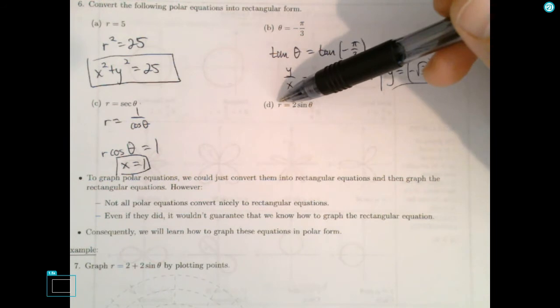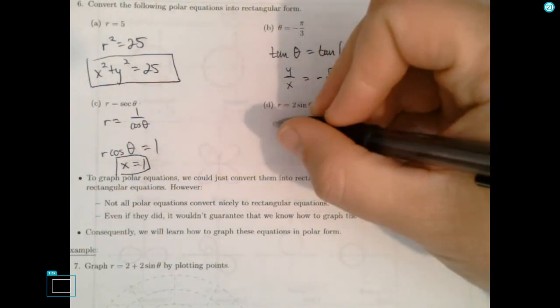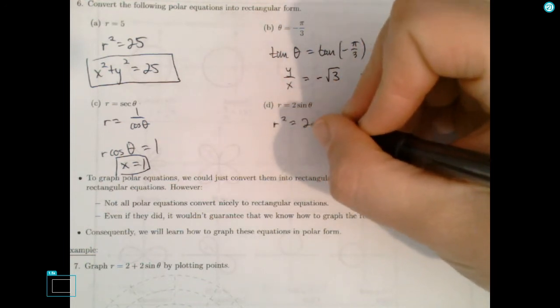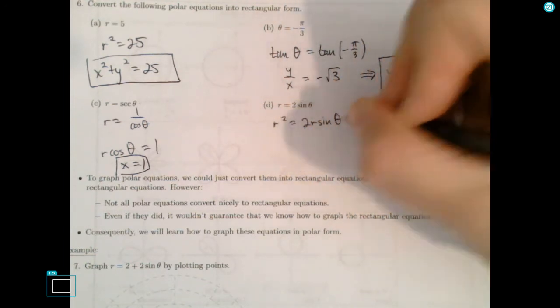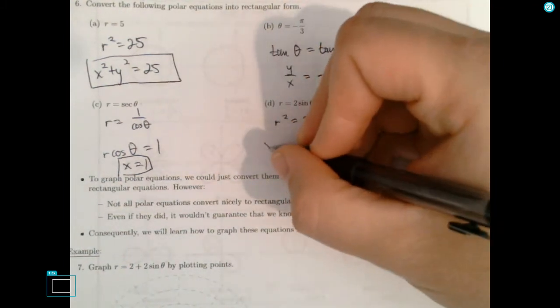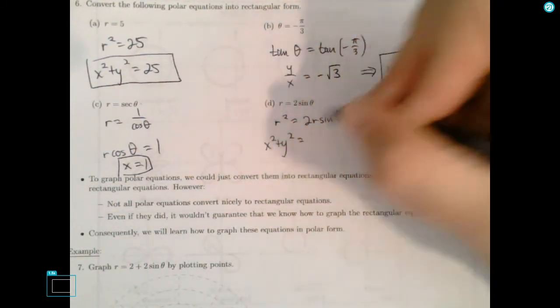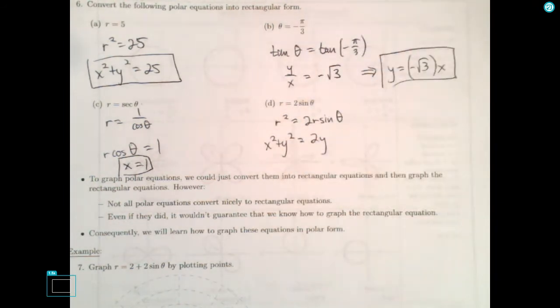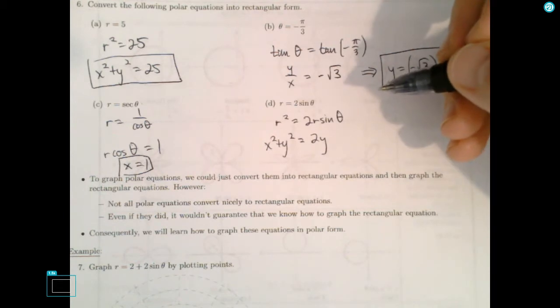Another thing I could do, instead of squaring both sides, is multiply through by r. If I do that, I get r squared equals 2r sine theta. And this is good because r squared is just x squared plus y squared, and r sine theta is just y. There you go. This is some kind of circle, right?